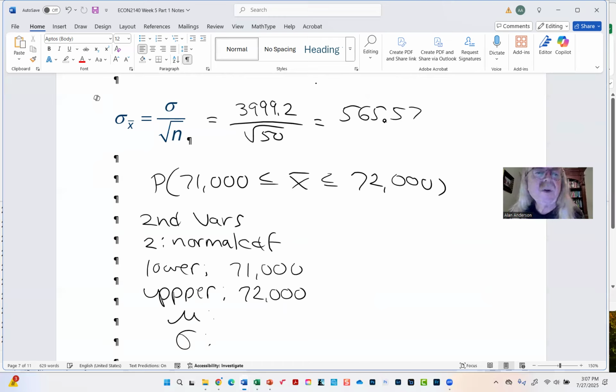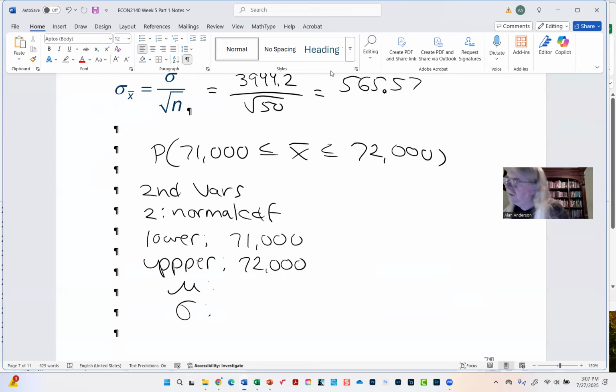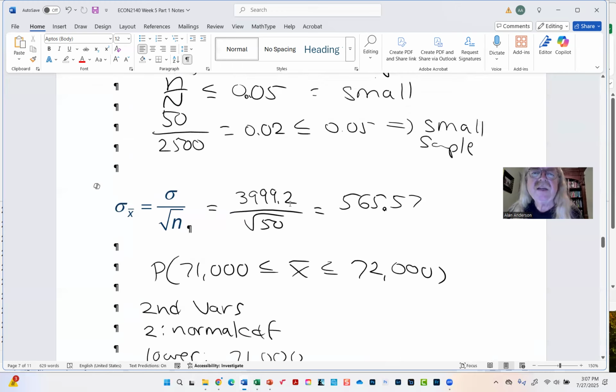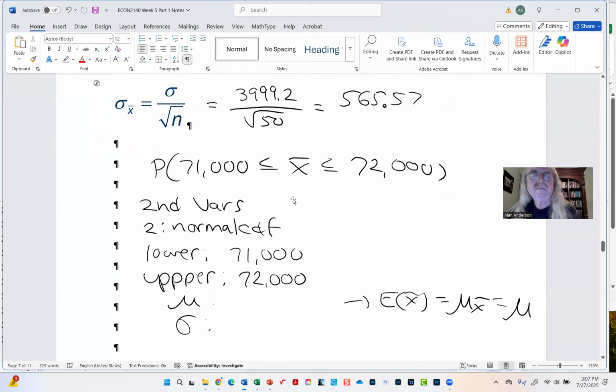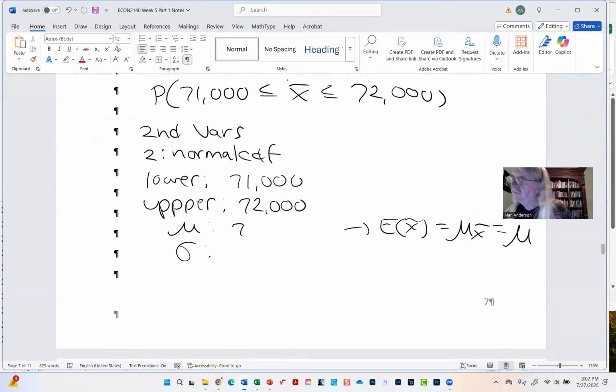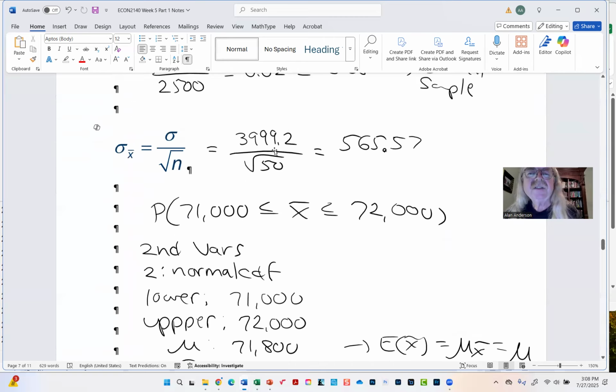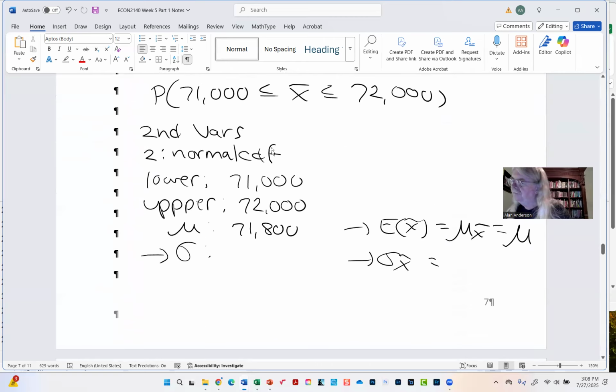But for this type of problem, this mu is actually the mean of the sampling distribution. But as it turns out, that's also the population mean, 71,800. This is the part that we provided. And remember, we got 565.57.